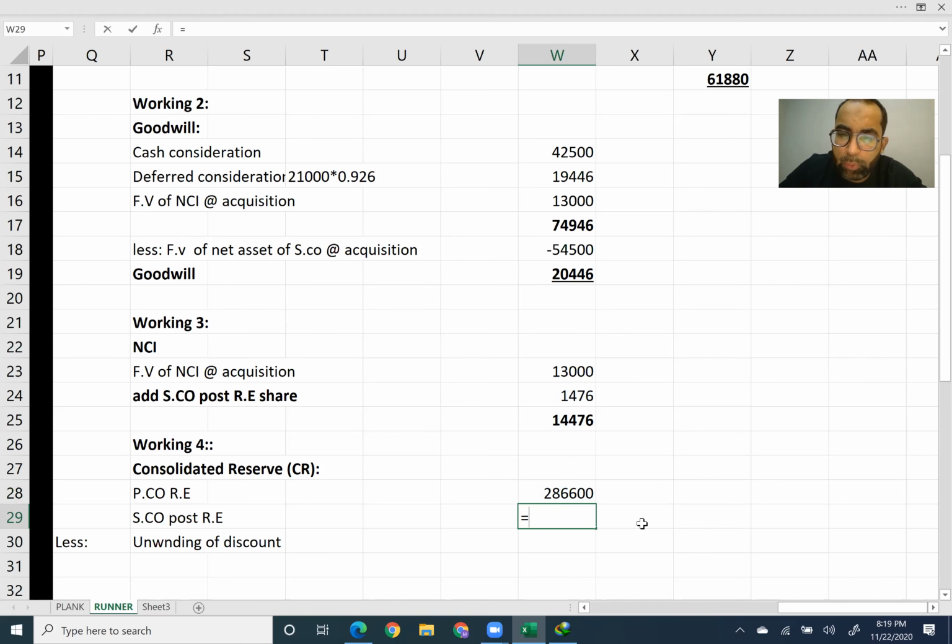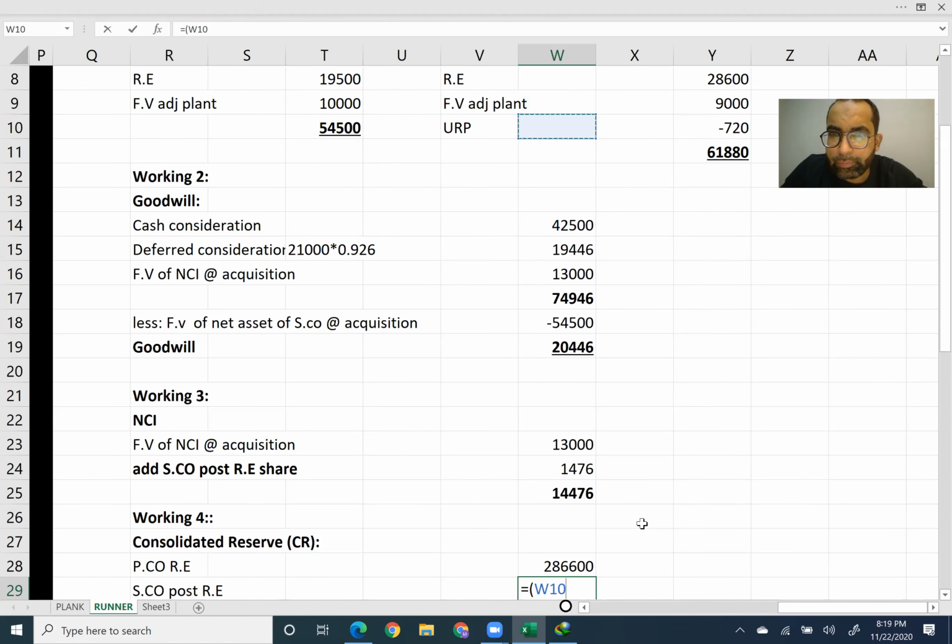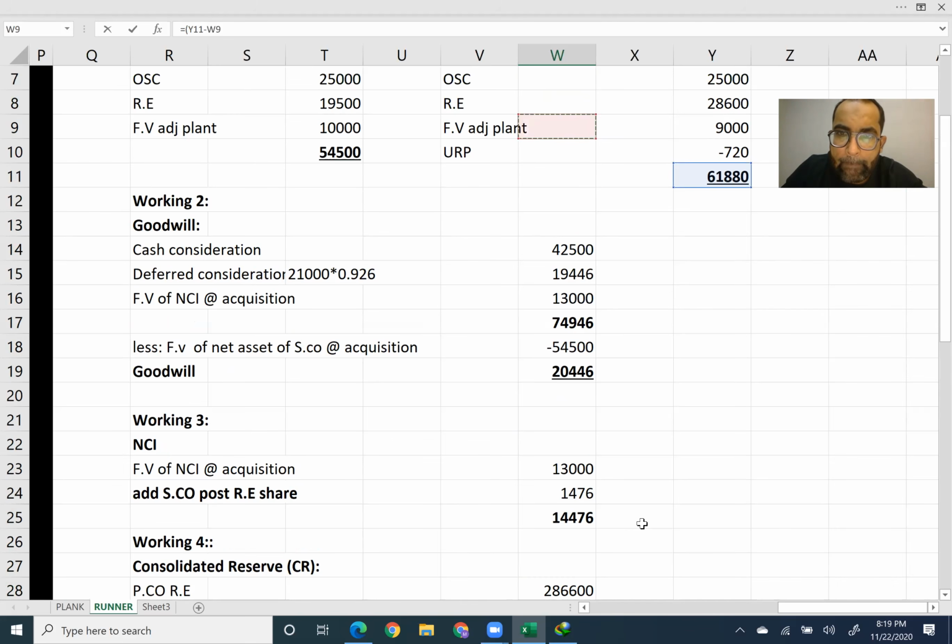How do we calculate post retained earning? Share, bracket open, this minus this 54,500, bracket close. Now, what's the NCI holding percentage? 20% is the NCI share. That means our share is 80%.